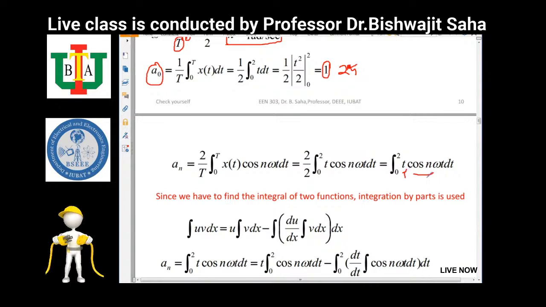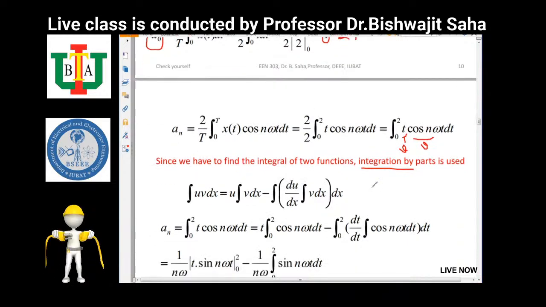So here, two functions have been found. One is t, another one is cos(n omega t). So we need to apply integration by parts. That means the u v formula, u and v. You can consider u and v either way, t can be considered u or v.